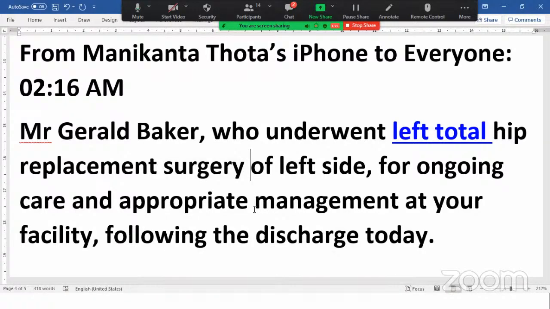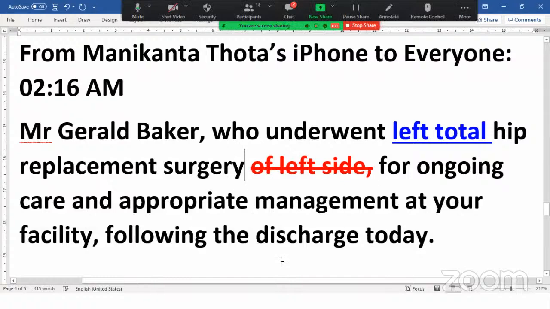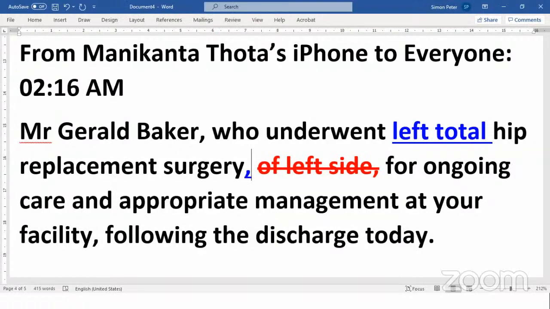Don't use this. Half a side is unnecessary. You are writing two words, so no need to write those two words. You can just write like this. One word is enough. Then why are you using three words? That is the point of the question. Means concise, precise.